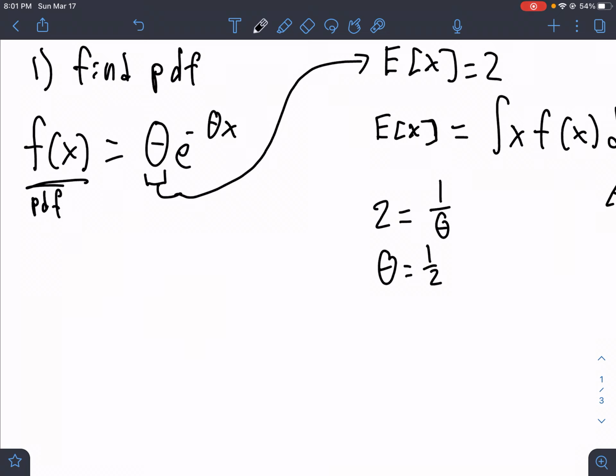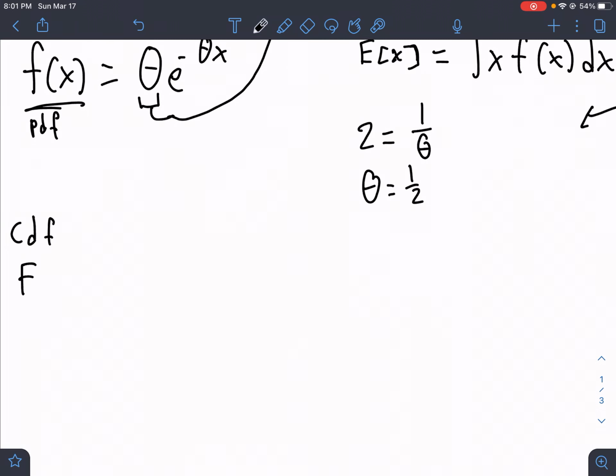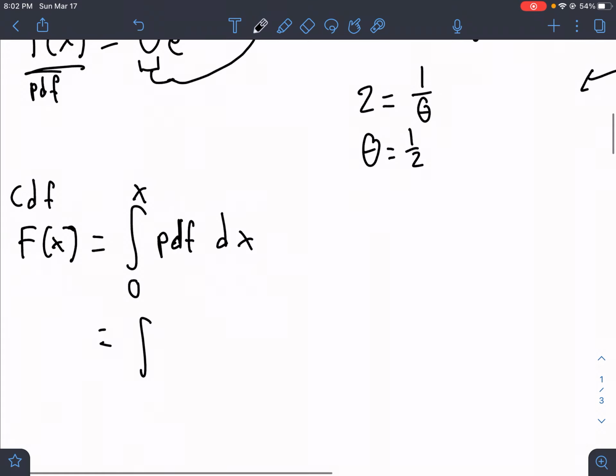So that's an indicator that we need to use the CDF. Now, the CDF we always write as capital F of x, and the CDF is always equivalent to an integral from 0 to x of the PDF times dx, which, if you see our notation up above, is the integral from 0 to x of f of x dx.